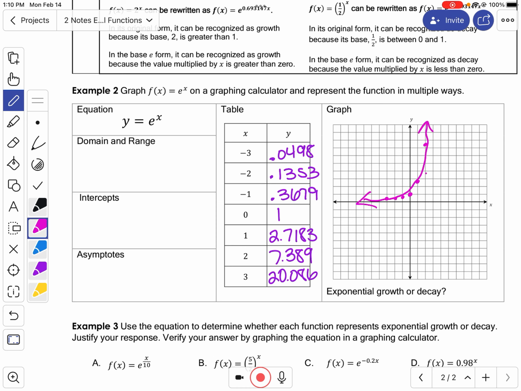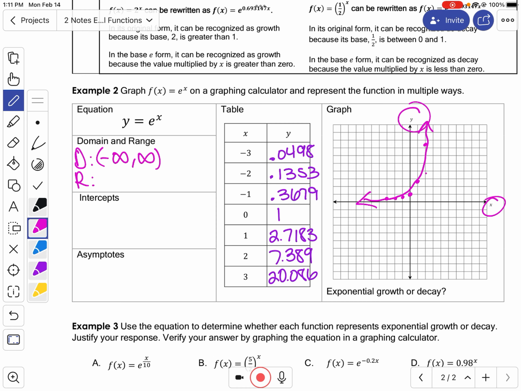Okay. So our domain and range, we want to find the domain and range of this exponential. I don't care how you write it. So if you look at the x-axis, notice it's continuous to the left, and then it also keeps going. So either all real numbers or -infinity to infinity. The range, however, if you look at the y-axis, is never going to include any negative y values.